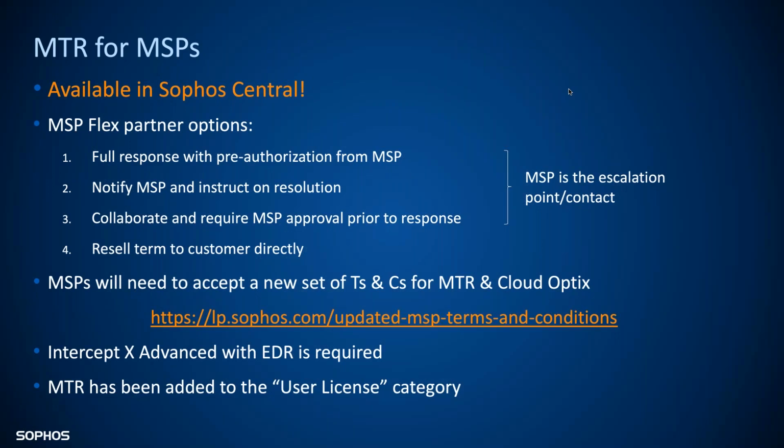And lastly, the number one up here is the ability for you to pre-authorize Sophos to provide a full response and remediation to your end user customer. So a lot of MSPs look at MTR Advanced, and they'll start out at probably number 3. We'll collaborate together, and then once you feel comfortable, you go to full response mode and give Sophos the ability to simply do the remediation, which I think is a great strategy as well.